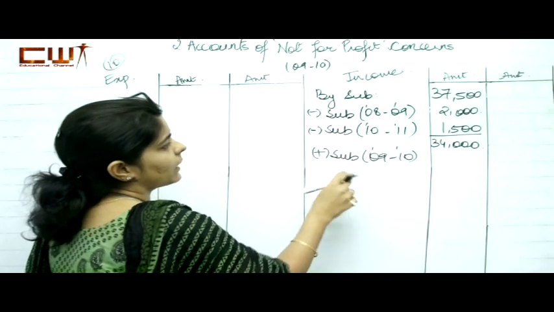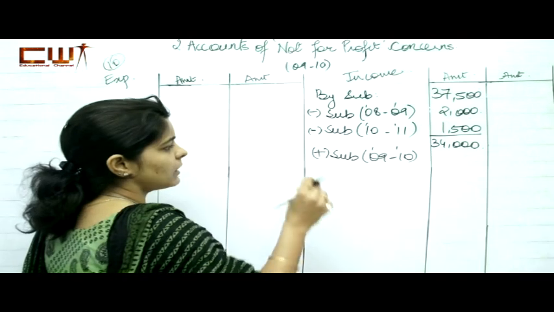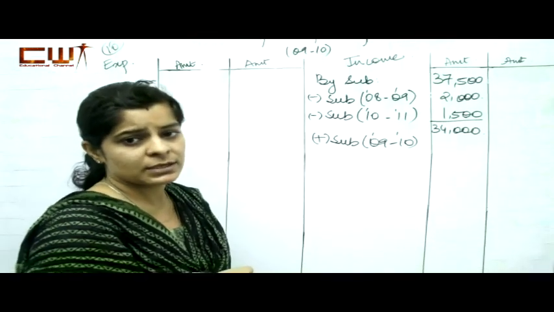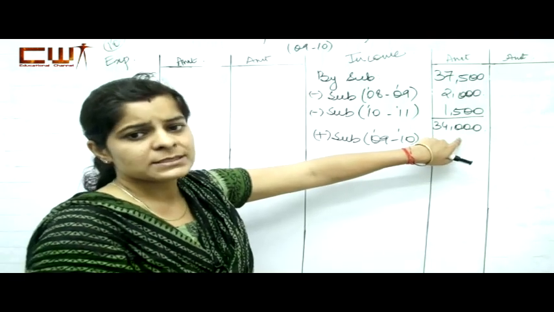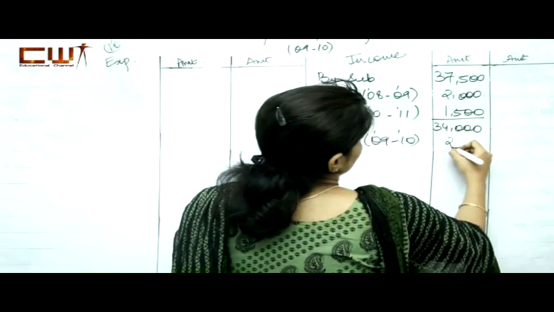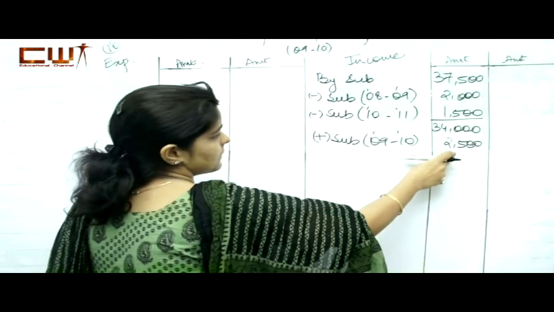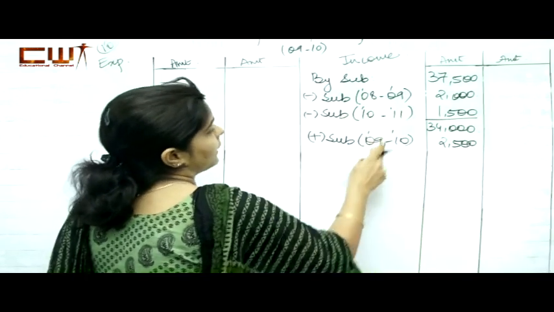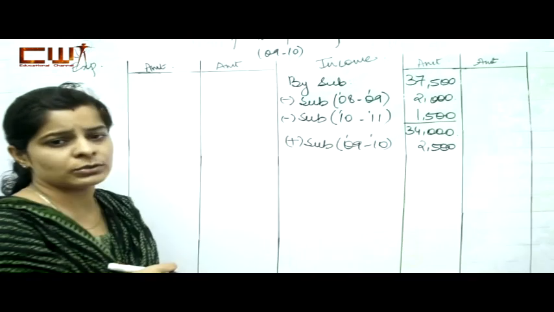Subtract all that you are getting for even the last year or the coming year. But whatever is related to this year will be written here. So subscription of this year is how much? This was 34,000. Subscription of 9 and 10 received in 8 and 9 is how much? 2,500. This was the income or the subscription of 9 and 10 which was received in 8 and 9. But it is related to this year, so it will be added to this year.